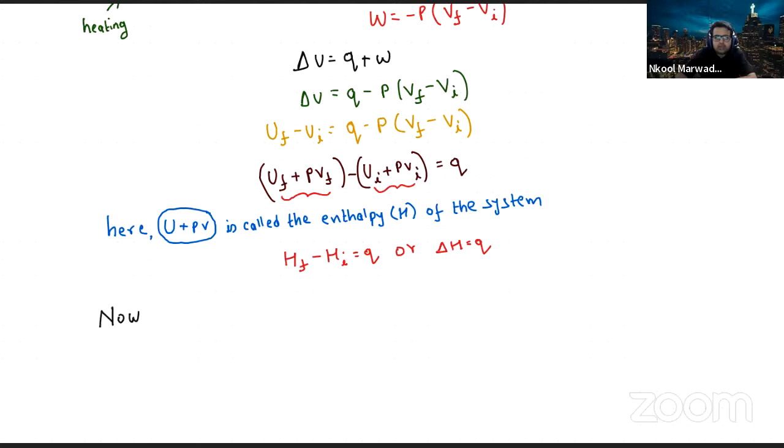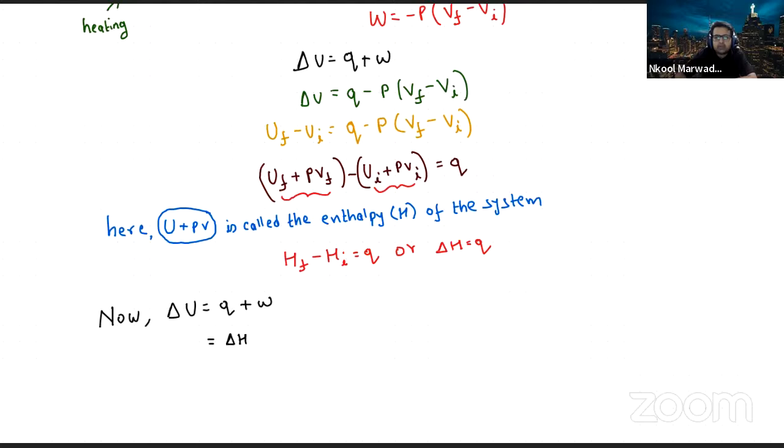Delta U is the change in internal energy of a system, which can take place only via either heat or work. So here, instead of Q, I can write delta H, and instead of work done, I can write minus P delta V. Why minus P?